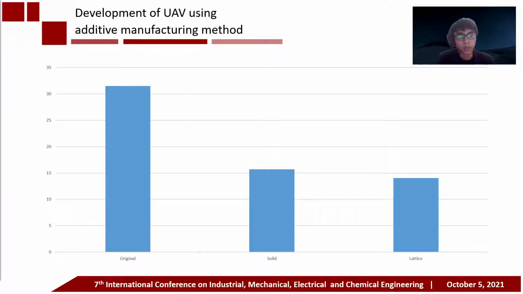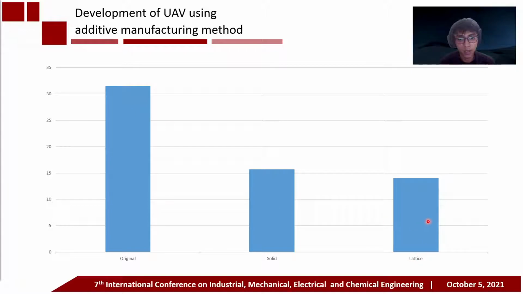It has been shown that the milling process requires 1.24 hours to manufacture the part without considering the control and setup time. As we can see, at the left or y-axis, this is the time required of the process, and this is the method, originally solid, and lattice, which is 3D printed.